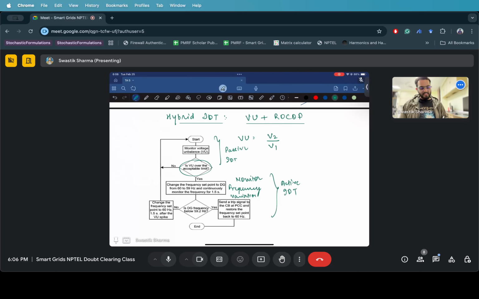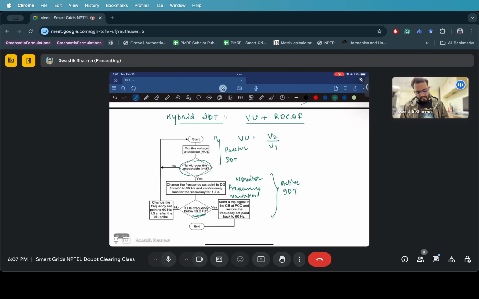Right, and then we check if the DG frequency has gone below 59.2. So we have changed the set point, right? If it is connected to the grid, the grid will try to change the operation in such a way that the DG comes back to the normal mode of operation. If it does not happen because the main grid is not connected, it will go beyond the normal mode of operation, which is 59.3, right?